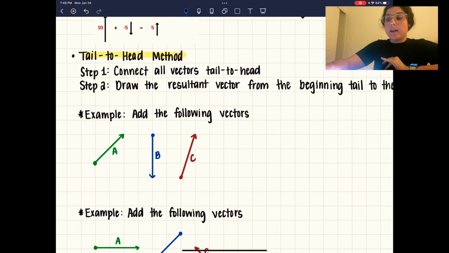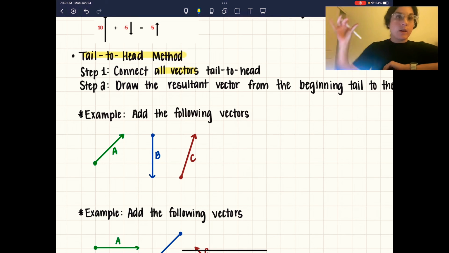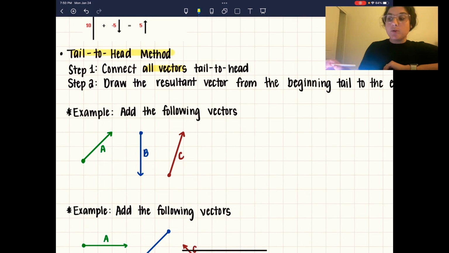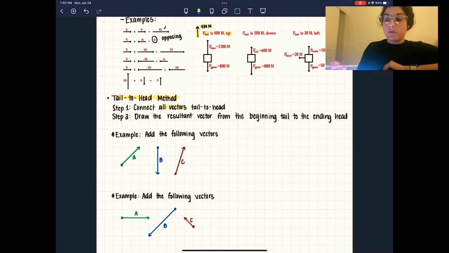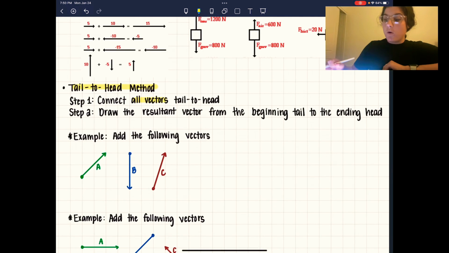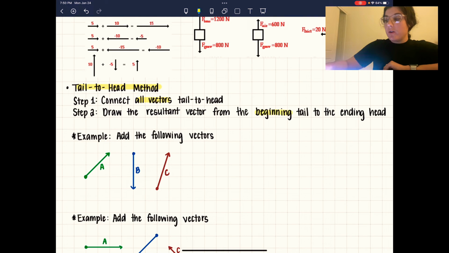The idea is that your first step is connecting all of the vectors in the same manner: tail connected to a head, tail connected to another head, so that you have a train of vectors all connected. Step 2, after you've connected all of the vectors, is to draw one resultant vector from the very beginning to the very end. So let's do an example of that together.